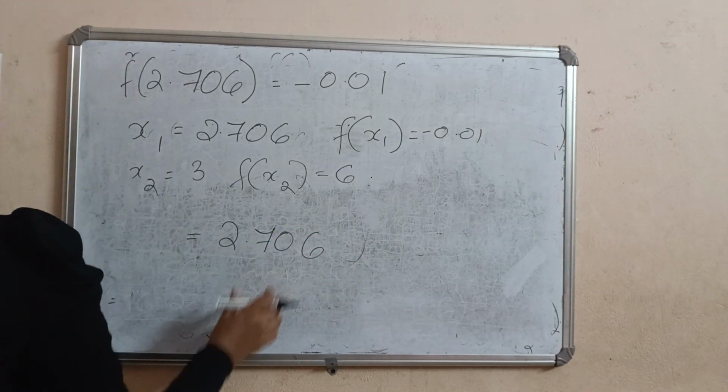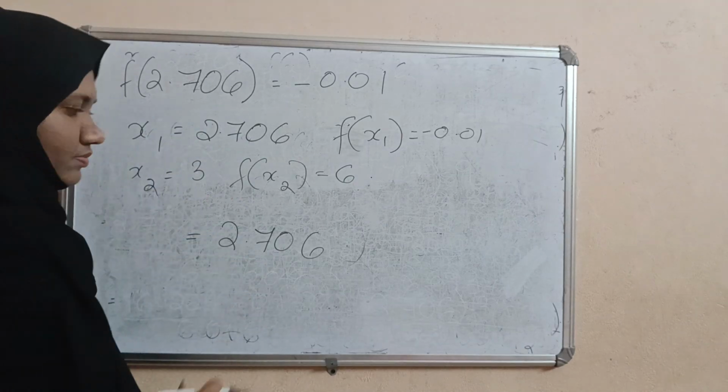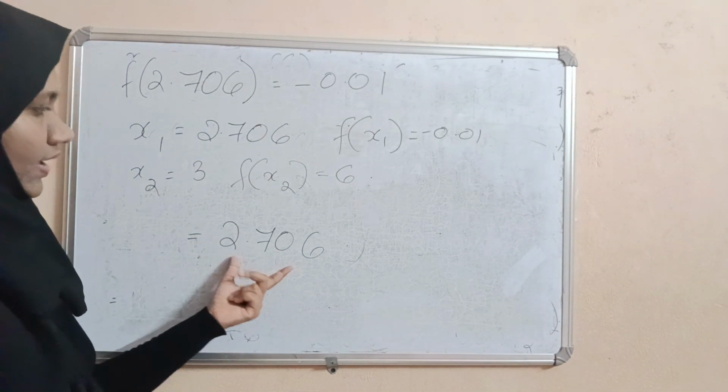Now you get similar values, which is the same. You can stop the iteration. This is your value.